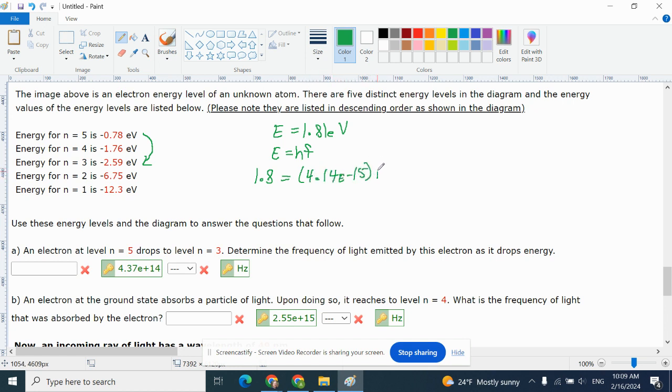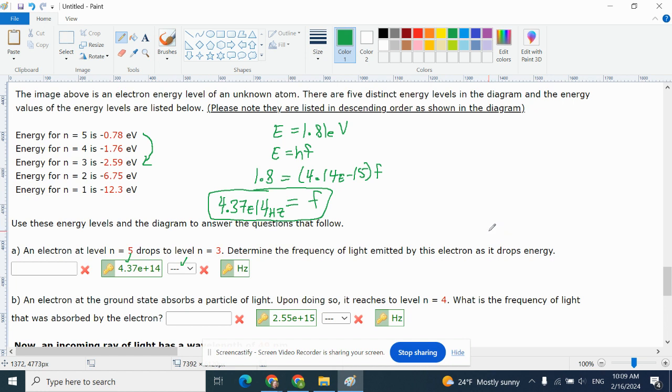I'm using the 4.14 because all my energies are in electron volts. Calculator time, 4.37 E14 hertz. That's in agreement.